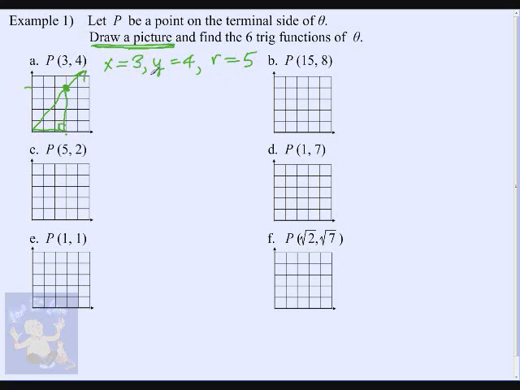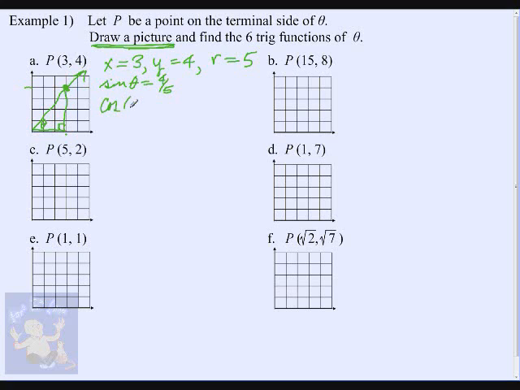It's one of the Pythagorean triplets. So what are the 6 trig functions then? Well, we've got sine theta. This is our theta right here. Sine theta is y over r, so 4/5. You can write it just like this, a little fraction.